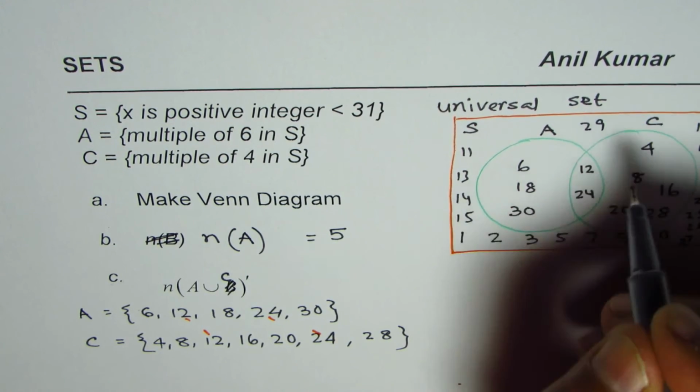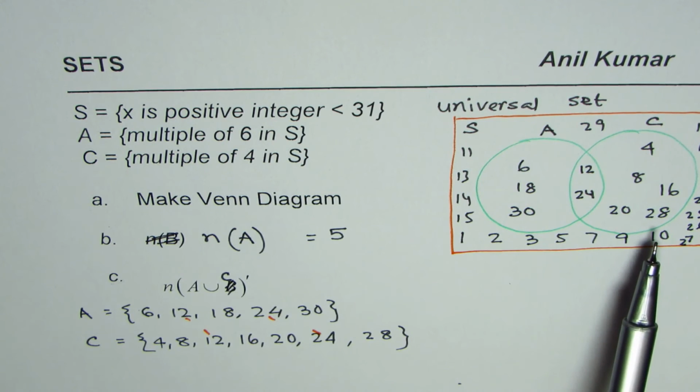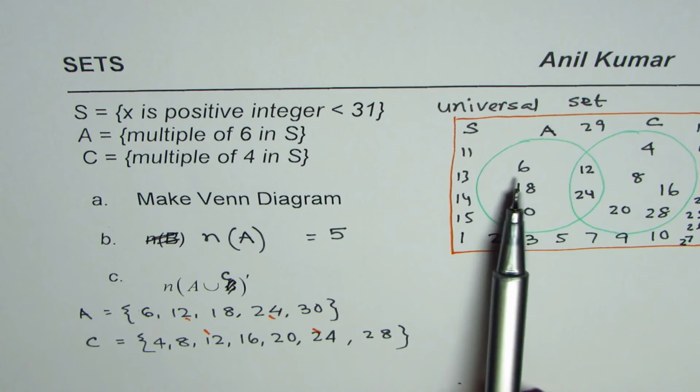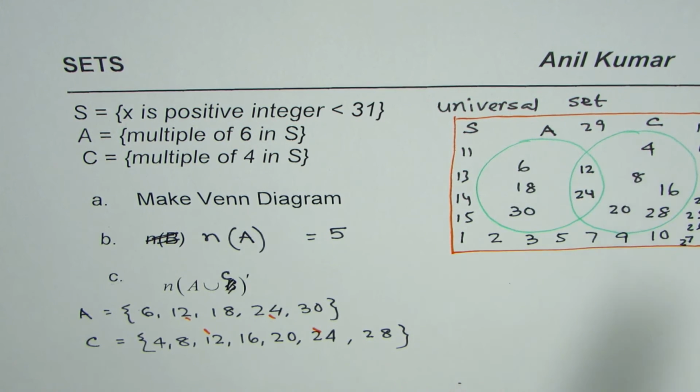So these are the numbers which are the complement of the union of A and C, right?